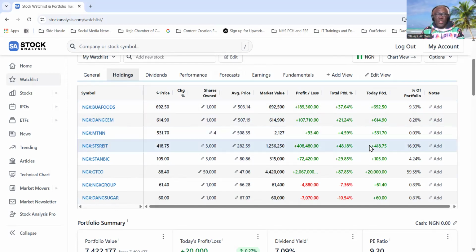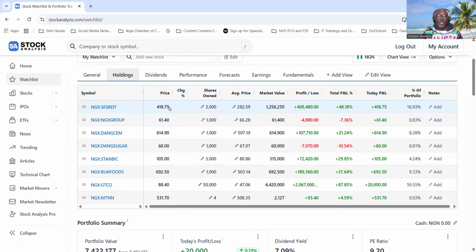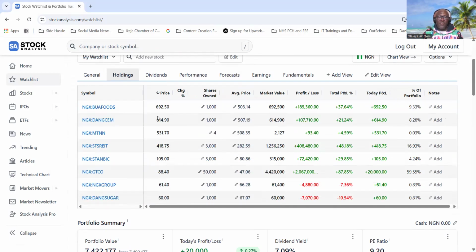Okay, that's one thing. Now, another thing you can do is, if you look at all the stocks we have here, you can arrange them in whichever way you like. So, for example, I can arrange it to show the one with the least price for the shares, or I can arrange it to show me the one with the highest price first, then the price can go down.